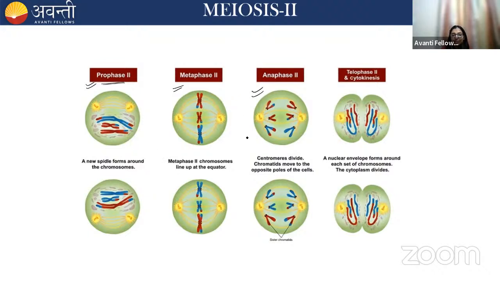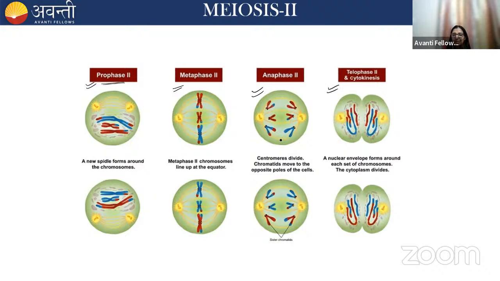During anaphase 2, the centromere splits and the sister chromatids start moving towards the opposite poles. Remember, in anaphase 1, the homologous paired chromosomes get separated, and the homologous chromosomes start moving towards the opposite poles. In anaphase 2, the sister chromatids get separated and they start moving towards the opposite poles.